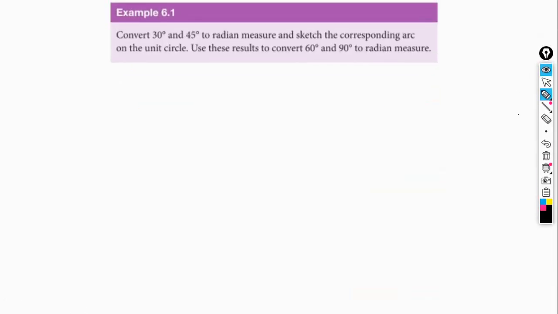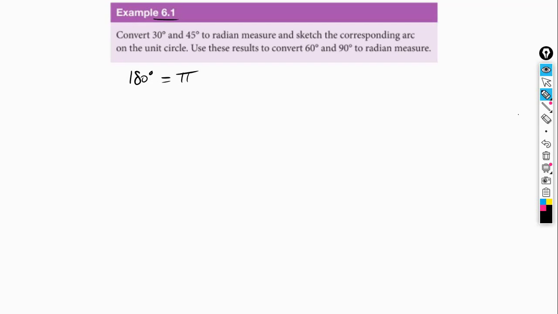So next we have example 6.1, and it says, convert 30 degrees and 45 degrees to radian measure and sketch the corresponding arc on the unit circle. Use these results to convert 60 degrees and 90 degrees to radian measure. So recall that we said that 180 degrees is equal to pi radians.